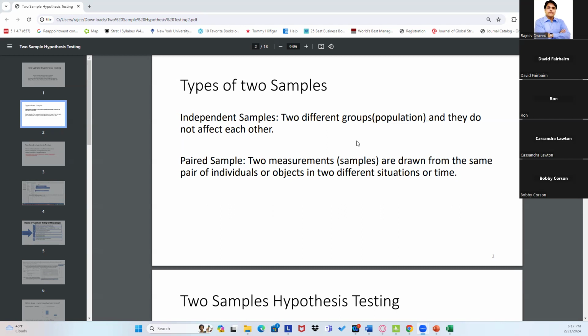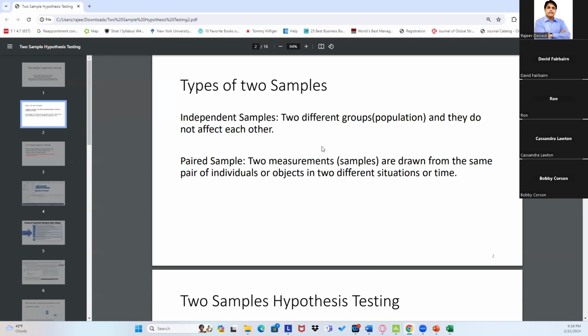So you can understand the impact of MBA. Basically that is called paired sample. When you understand this kind of situation, you use the paired sample test. Independent means two different situations, two different data sets.